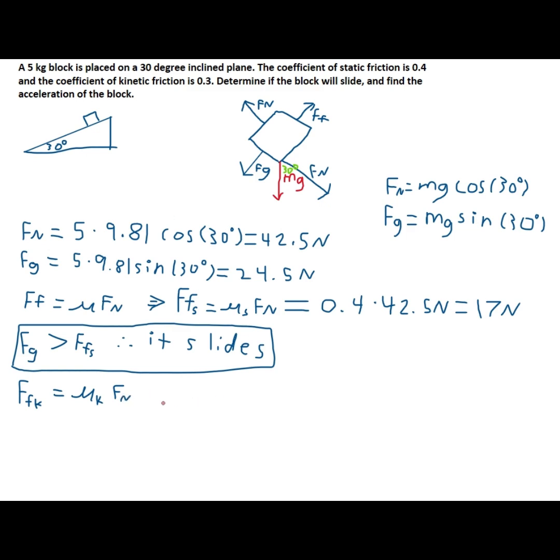I'll switch pen to make this a little more clear from the other side that we're doing. So if we plug in the values, this is 0.3 times the normal force, which is 42.5 newtons, which gives us a value of about 12.7 newtons.